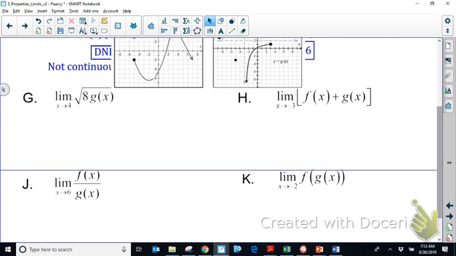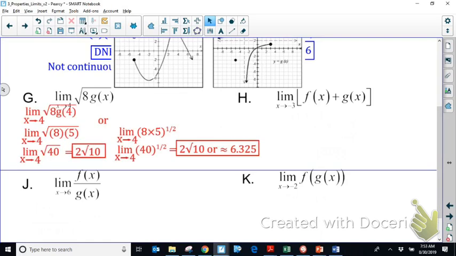Same thing here for the limit as we approach 4 for g of x, we're going to evaluate function g as x approaches 4, multiply it by 8, and then take the square root of it. And there we go. On the left-hand side, I did it just as a square root, but on the right-hand side, I added it as saying that you could also work it out as an exponent.